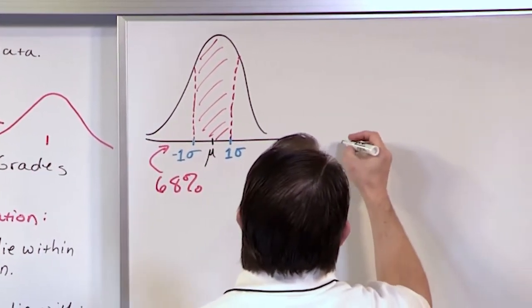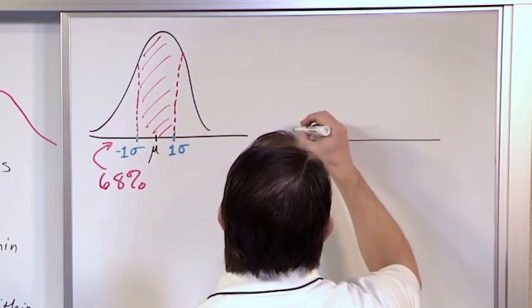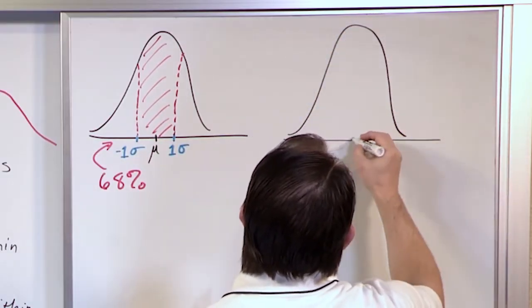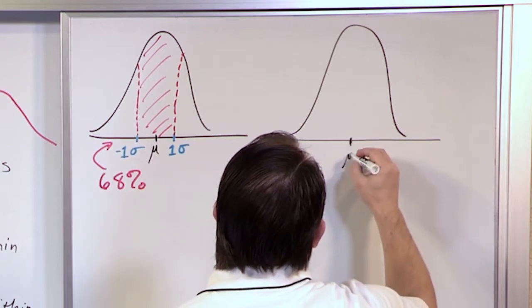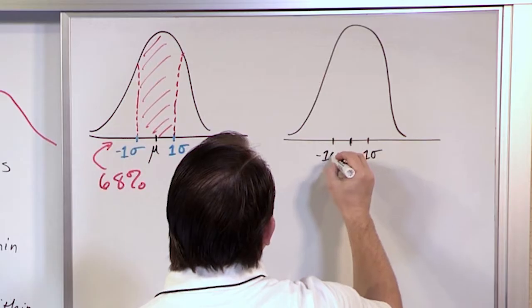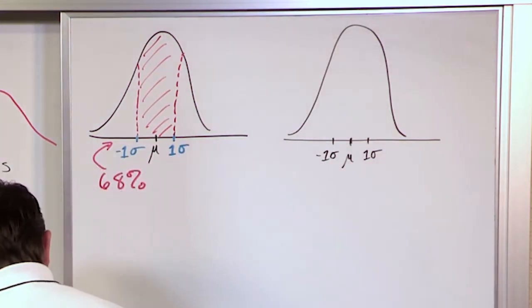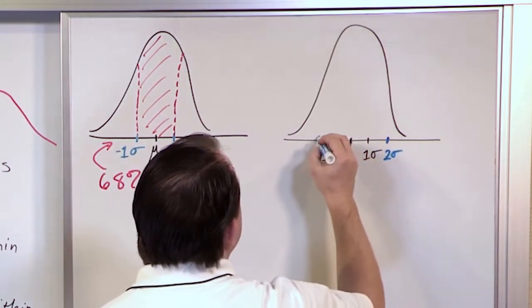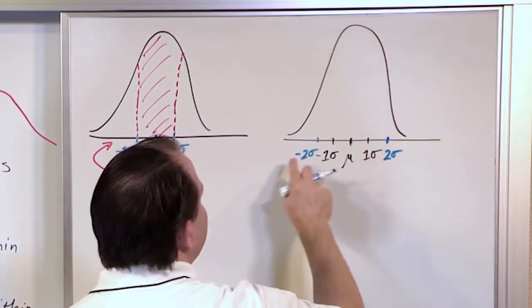So if I draw another one, trying to make it look real similar. They're not going to look perfect. If this is the mean value, mu, then this would be 1 sigma, and this would be -1 standard deviation over here. I'll put this as 2 sigma, and this is -2 sigma, so 2 standard deviations.